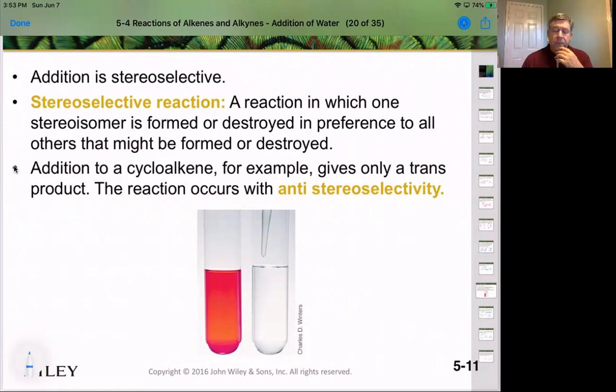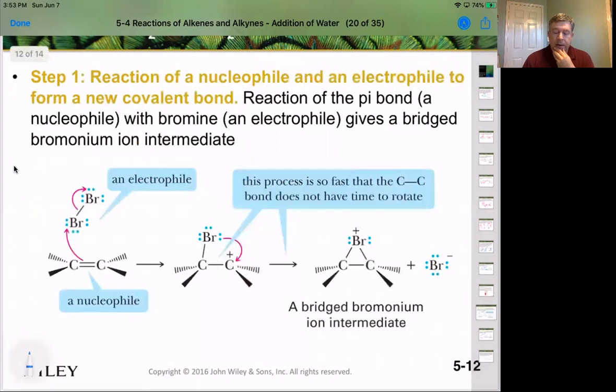Now, so it's stereoselective, it's an addition reaction. We're adding one halide to each of them, and when we do it in a cycloalkene, we get only trans product. There must be a mechanistic reason for this, right? Okay, so let's think about this mechanism here. Okay, so let's go back to what we have in our double bond here.